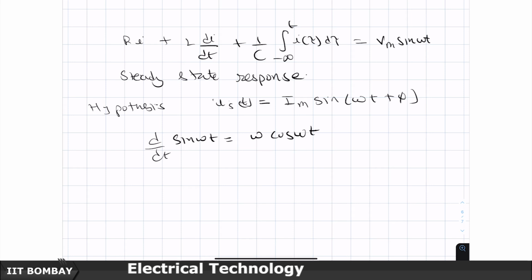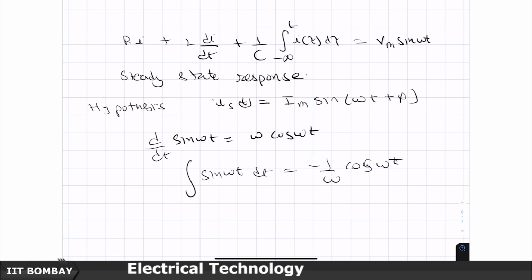Similarly, if I integrate sine of omega t, then I can write it as 1 by omega times minus cos of omega t. Why? Because when I differentiate cos of omega t, it will be omega times minus sine of omega t, and that minus minus will make it plus, omega will cancel, and I will get this thing.